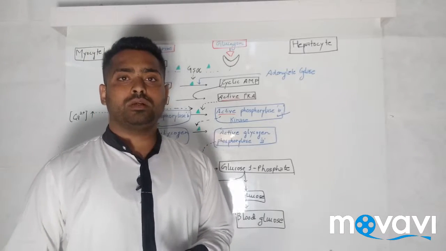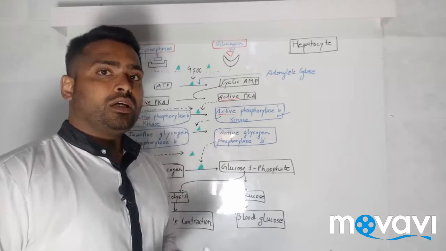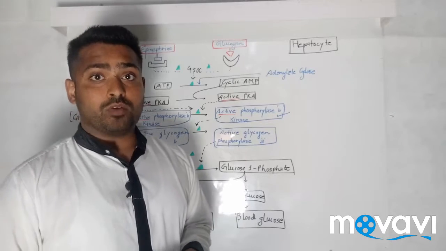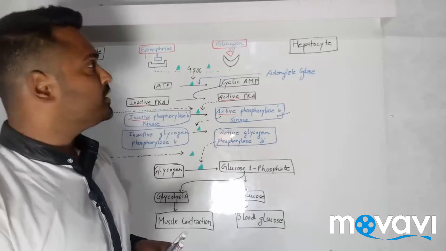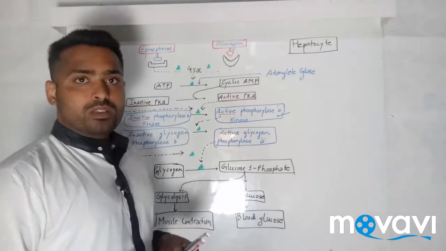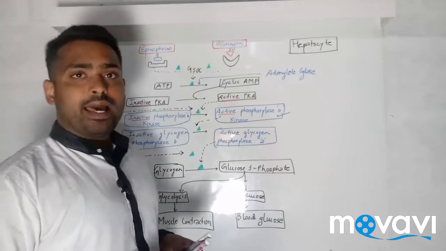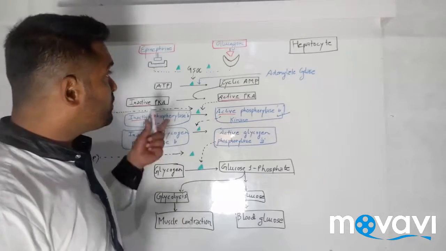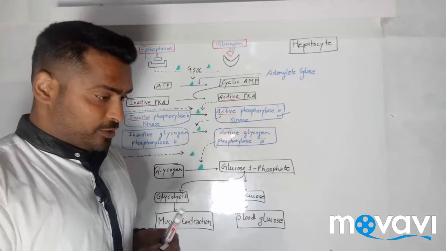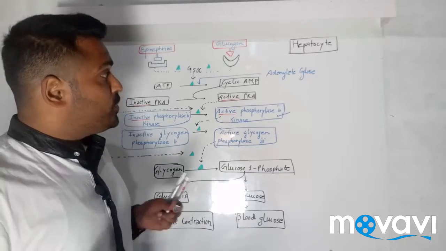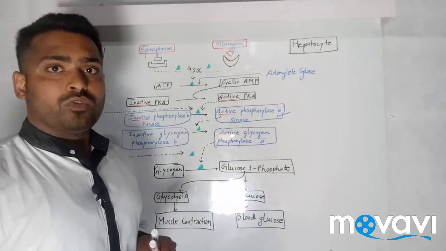So now let's talk about the regulation of the breakdown enzyme glycogen phosphorylase. This is the covalent regulation, which is carried out using the hormones glucagon and epinephrine. So the hormones come into play now. Before we discuss this pathway, I want to tell you something about glycogen phosphorylase.